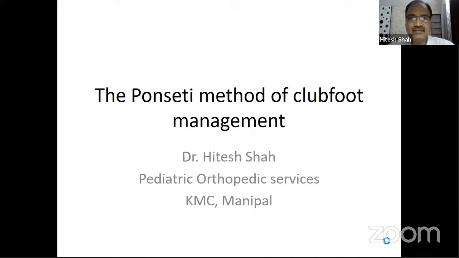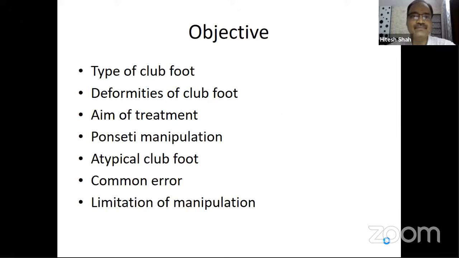He made people understand that manipulation and casting gives better, superior, simpler, faster results than surgical intervention. So it is very easy. One can learn it; the Ponseti method of clubfoot management is a simple, easy, fast, and effective technique.